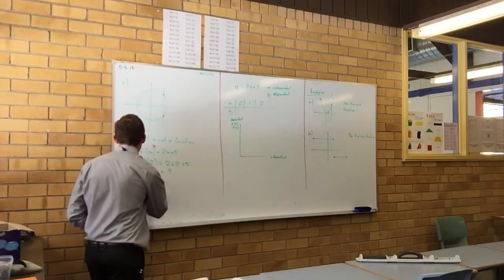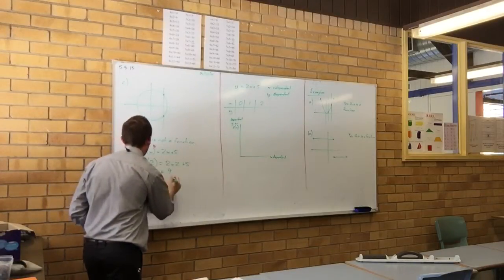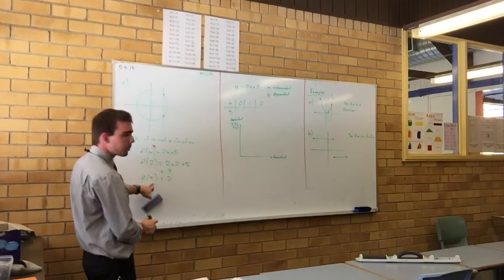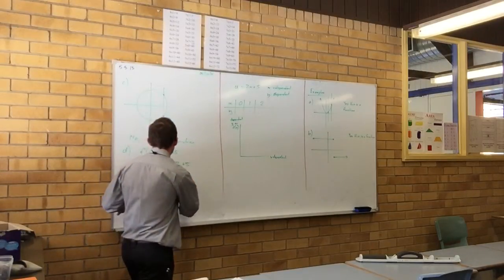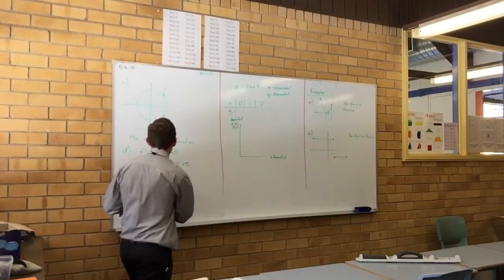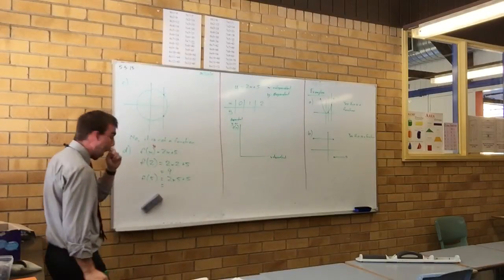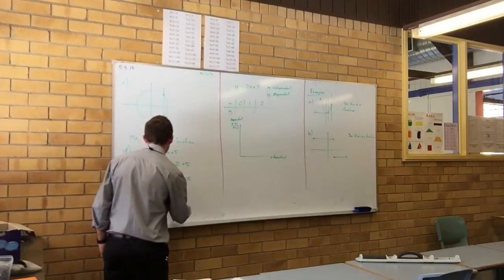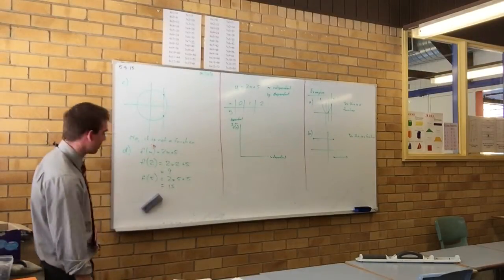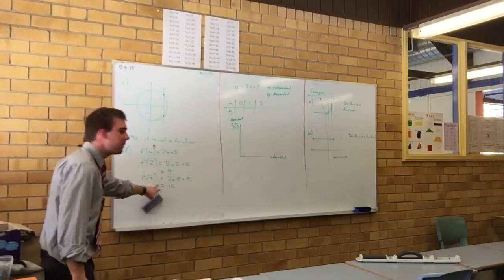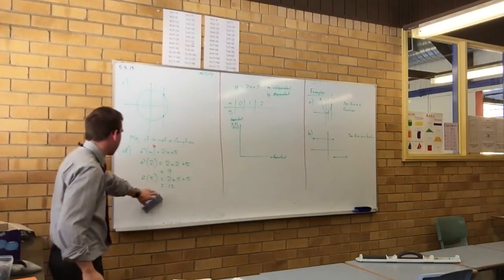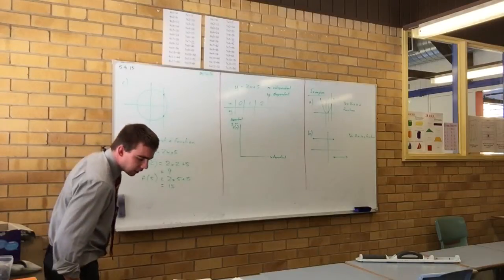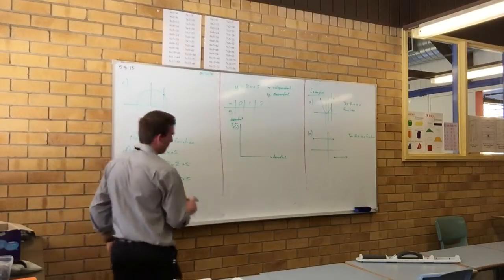Alright, f of 5. Every time there's an x, I replace it with what's inside that bracket, a 5. 2 times 5 plus 5, which is 15. So when x is 5, the y value is 15. Lastly, f of negative 3.